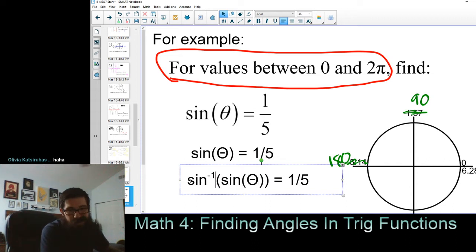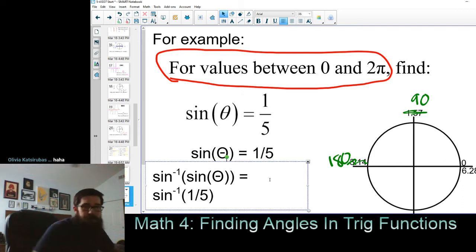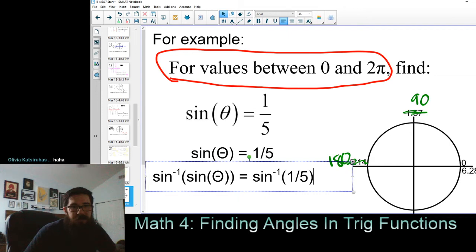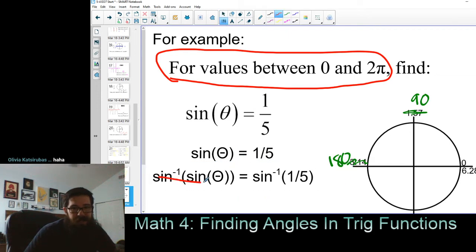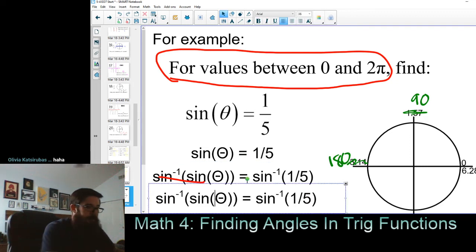And if I did this whole piece here, I copy it over onto this side. The reason we do this is the inverse sine of a sine is going to cancel. So really, what are you going to get? It's going to look like this.